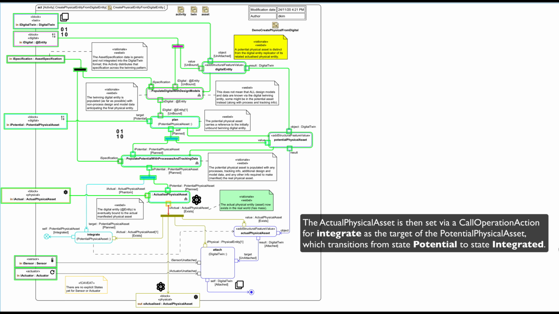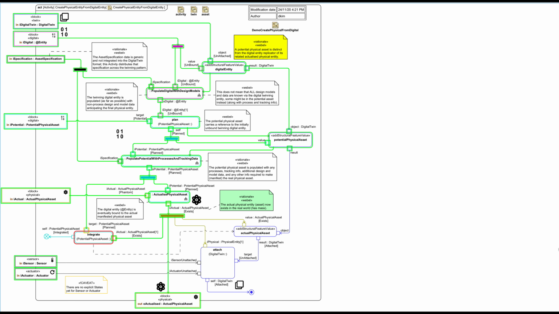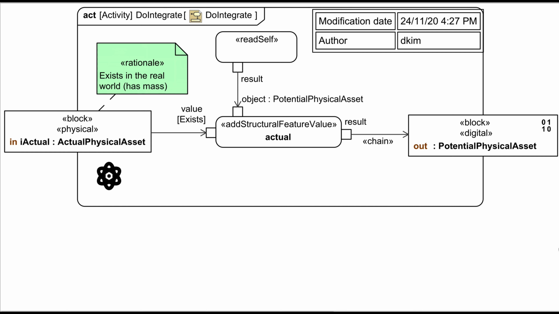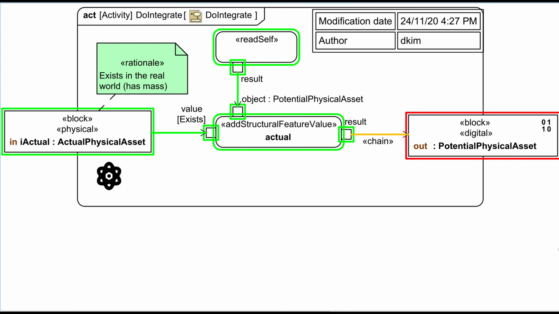The actual physical asset is then set via a call operation action for integrate as the target of the potential physical asset, which transitions from state potential to state integrated. Here, the potential physical asset is still in the state planned. The effect behavior doIntegrate on the transition for operation plan assigns the actual physical asset to the potential physical asset.